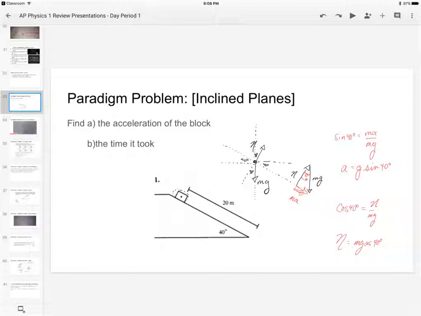And I also made sure I realized that my acceleration had to be down the ramp for the block. So I made sure my ma vector was in the same direction as my acceleration. Okay, and I found the magnitude of my acceleration right there. I also found the magnitude of my normal force.